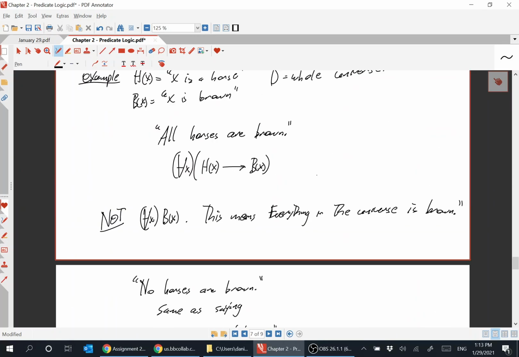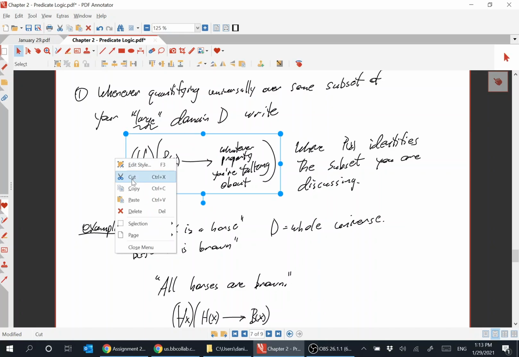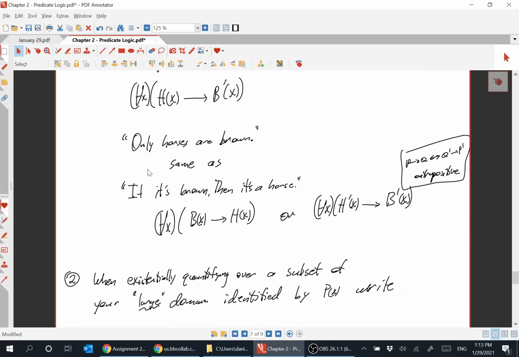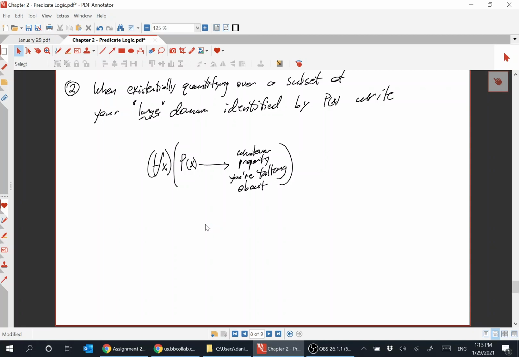So with universal quantification, it looks like this: for every x, P of x implies whatever property you're talking about. If you want to do existential, you do this: there exists x, P of x, and whatever property you're talking about. So for existentially quantifying a subset, you always use conjunction. For universally quantifying a subset, you always use implication, and never the other way around.